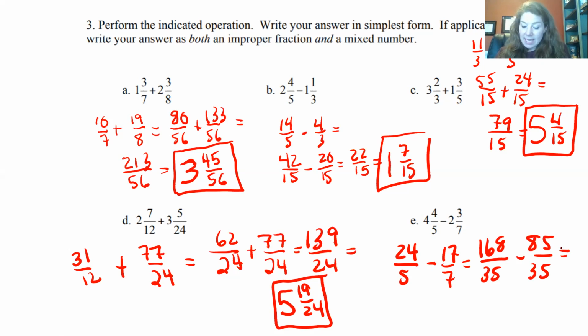So 168 minus 85 is 83. So we have 83 over 35. 35 times 2 is 70, which means we'd have a remainder of 13 over 35.